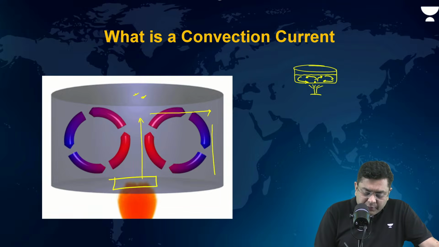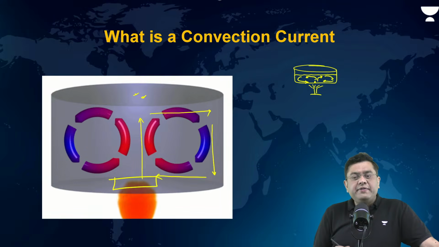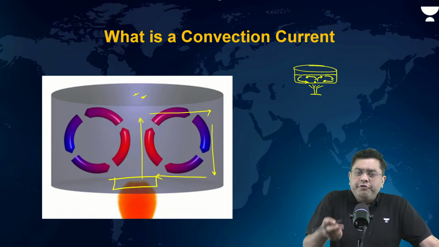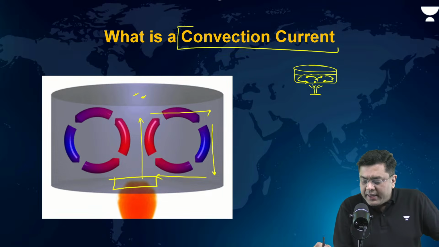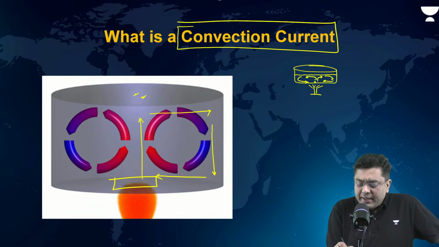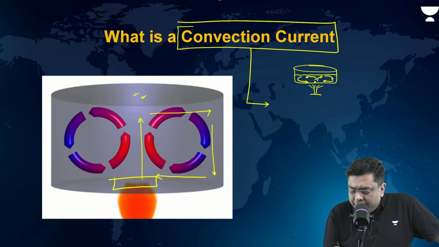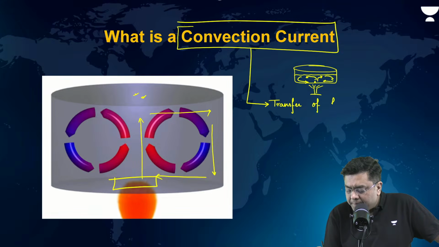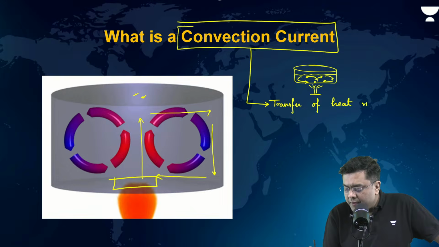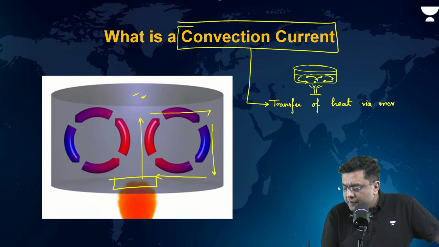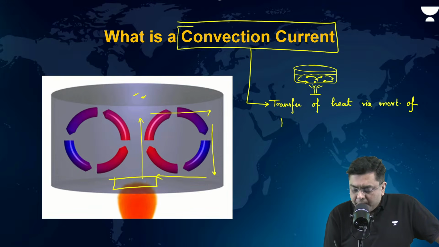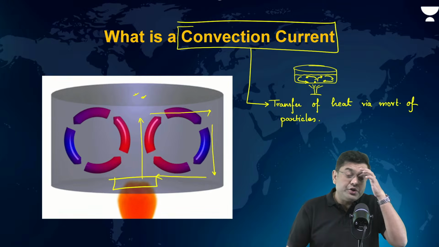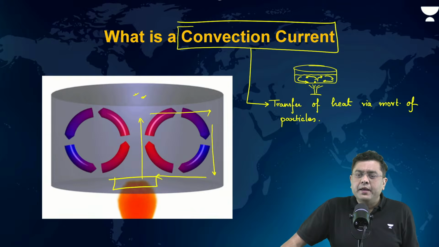Meanwhile, the colder materials being heavy, they sink, they replace the risen portion. And this is a continued movement. So, when you say what is a convection current, it is a very simple thing. That is the transfer of heat via movement of particles. Okay, that is what a convection current is, right? Redistribution of heat, fair enough.